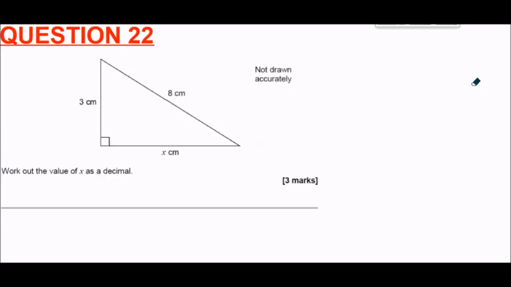Question 22. We've got a right-angled triangle. And it says to work out the value of x as a decimal. So if it's a right-angled triangle, you probably can guess it's going to be either Pythagoras or trigonometry.